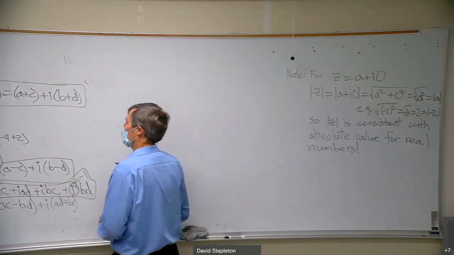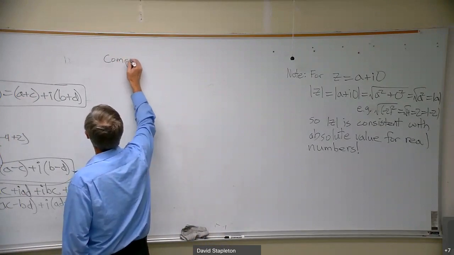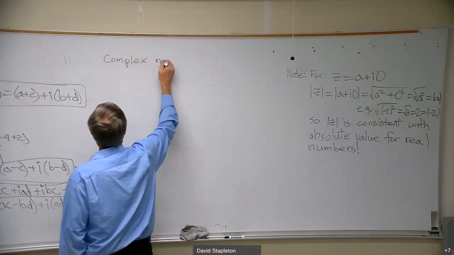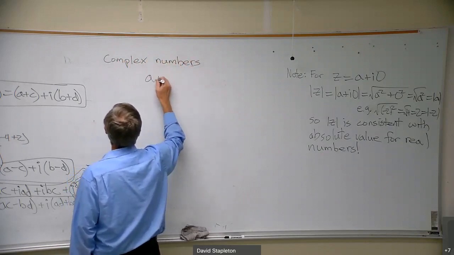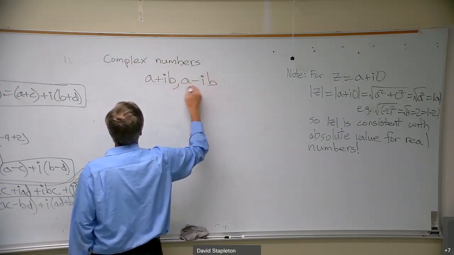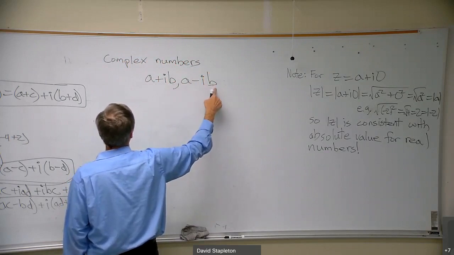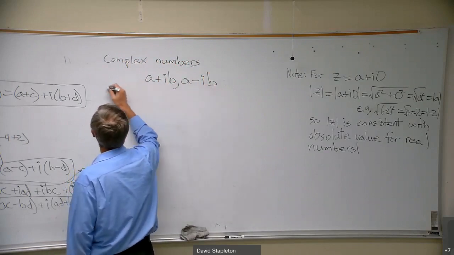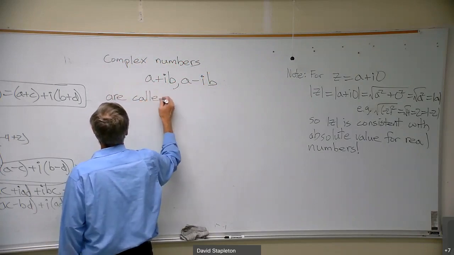We make the following definition. Complex numbers A plus IB and A minus IB, where one has a positive imaginary part, the other one has minus that imaginary part, and they both have the same real part, are called complex conjugates.